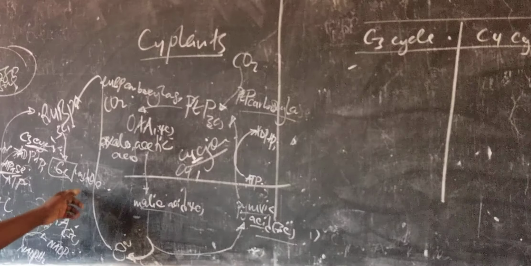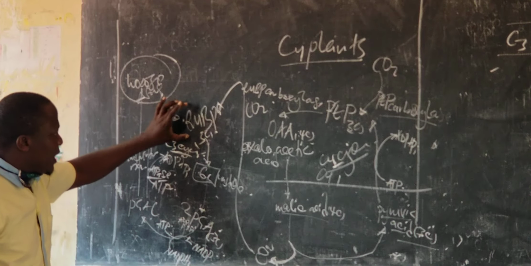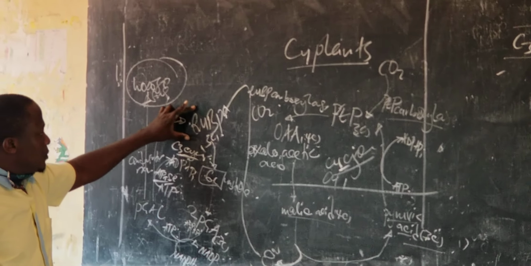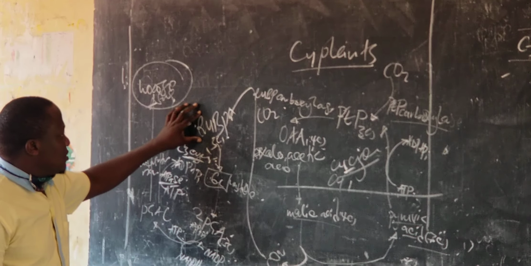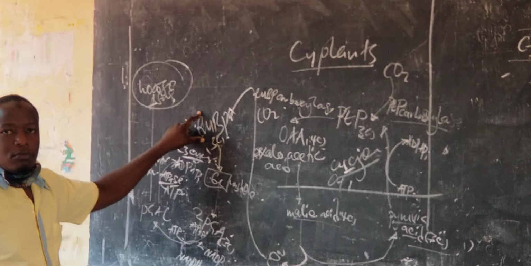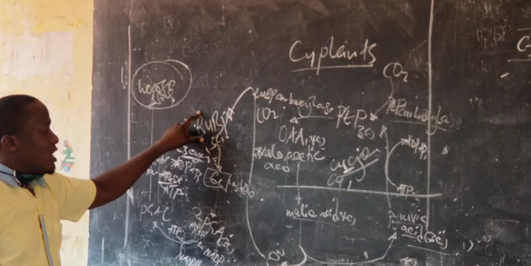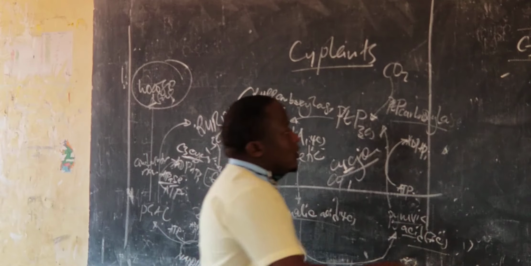Now, what you have here, you can see that in the C3 cycle, carbon dioxide is accepted by RuBP. Note that here.